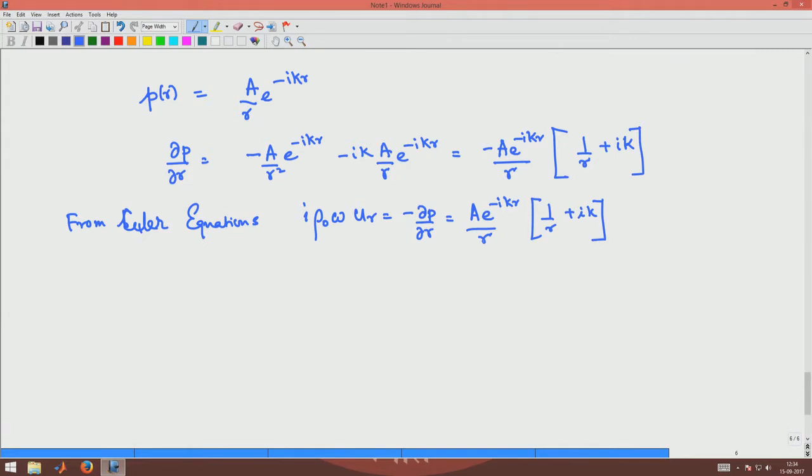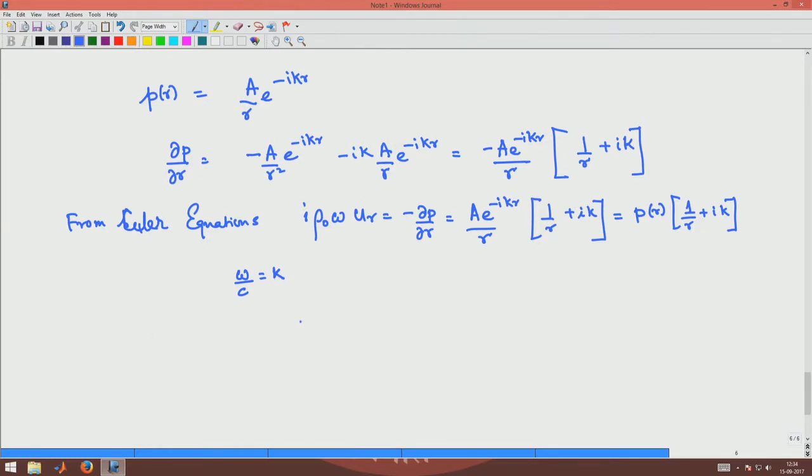But this group of terms, a by r e to the power minus i k r, is nothing but the pressure at the location r. So, that change we will make, and as a result we get 1 by r plus i k. Then in the next step, we will recall that omega by c is k.